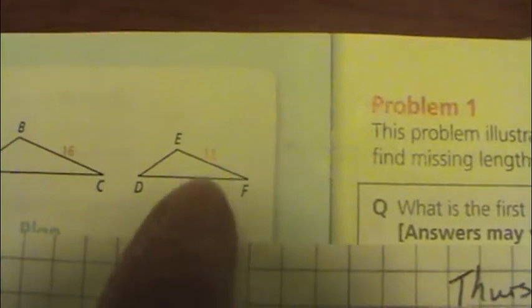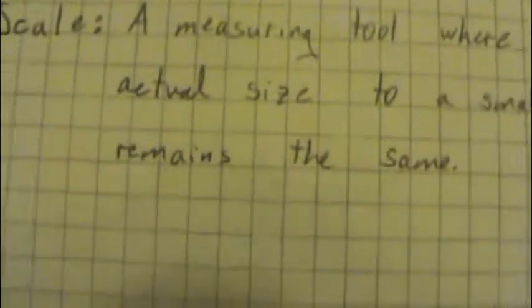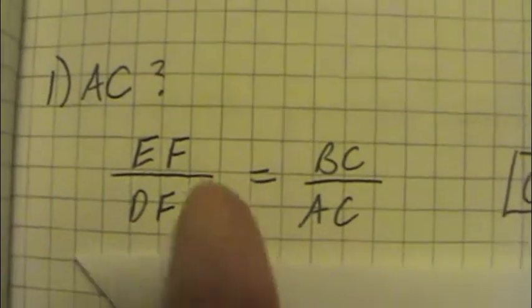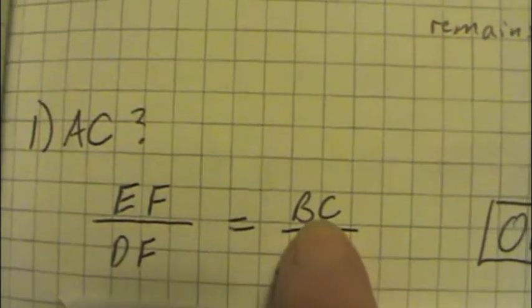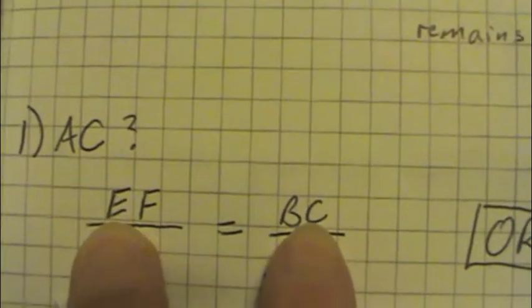EF over DF. So I have both the lengths from this triangle equals BC over AC. So what I did was I set up one side and the similar side, both numerators.